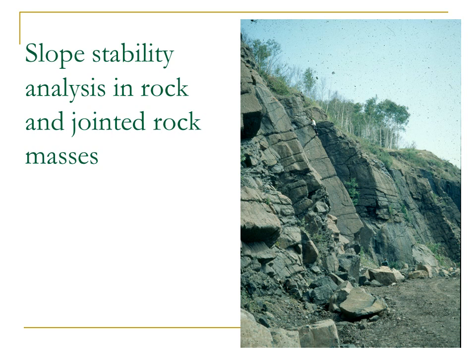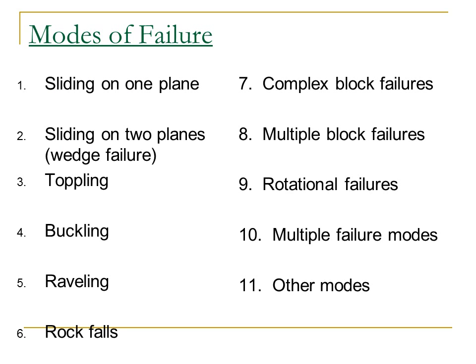So let's take a look at some of the different ways in which jointed rock can fail in a slope. Here are 11 different modes of failure that we're going to consider for rock slopes: sliding on one plane, sliding on two planes, toppling, buckling, raveling, rock falls, complex block failures, multiple block failures, rotational failures, which we considered for soils, are also possible for rock, and multiple failure modes, where part of a slope is failing by one mode and part of the slope is failing by a different mode.